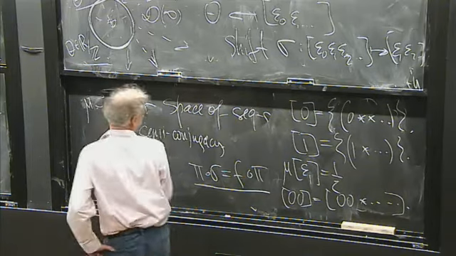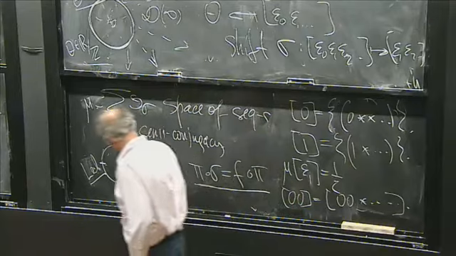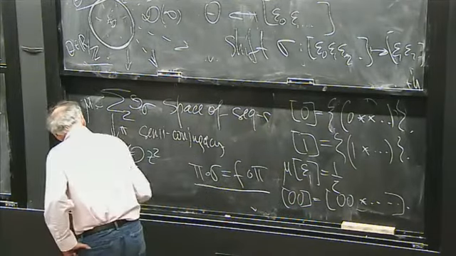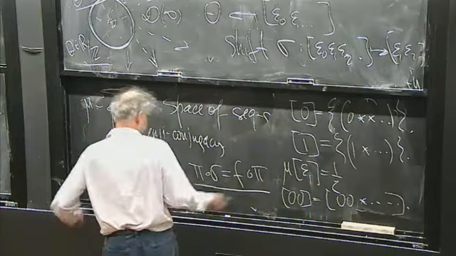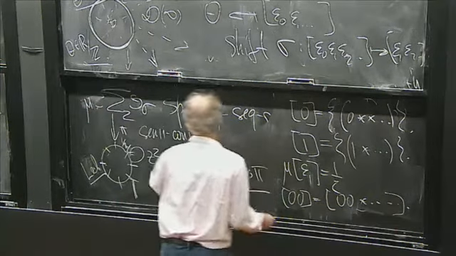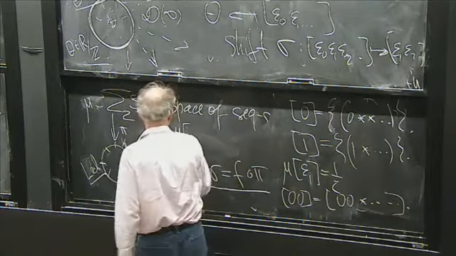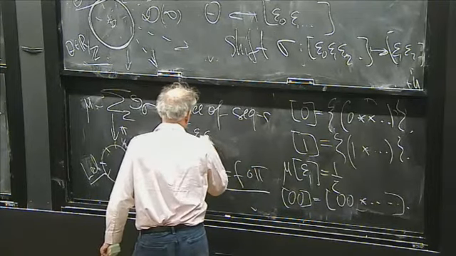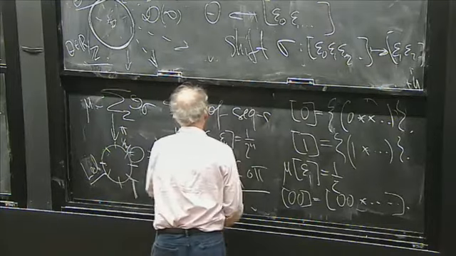The length of each cylinder of size 2 will be 1/4, etc. There will be 8 cylinders of length 3, each of them with length 1/8, and in general the measure of the cylinder epsilon 0, epsilon 1, epsilon 2, etc., up to epsilon n will be 1/2 to the n.